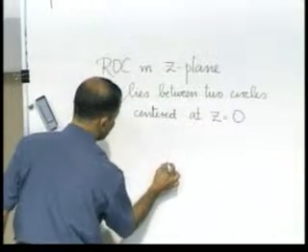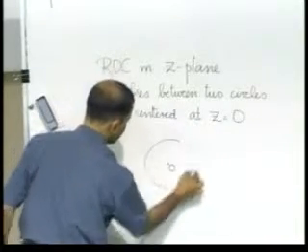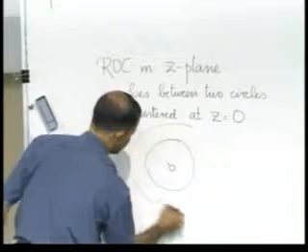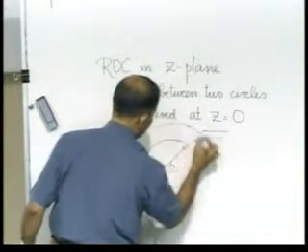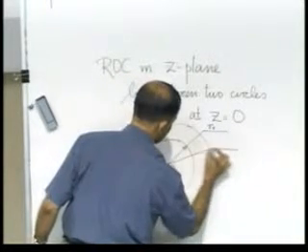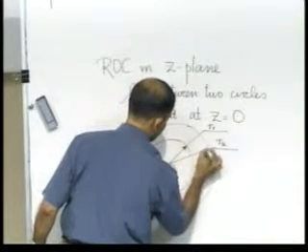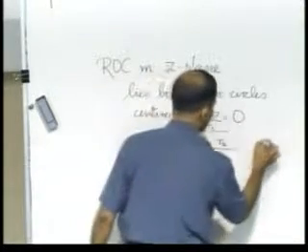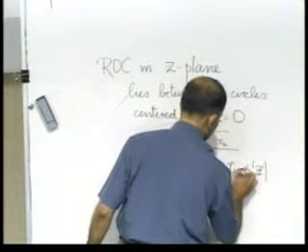So, it might be visualized in the following way. This is the Z plane, then this circle and this circle, respectively of radius R1 and R2. So, the ROC is of the form mod Z is between R1 and R2.